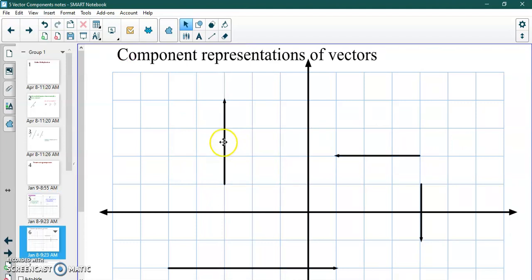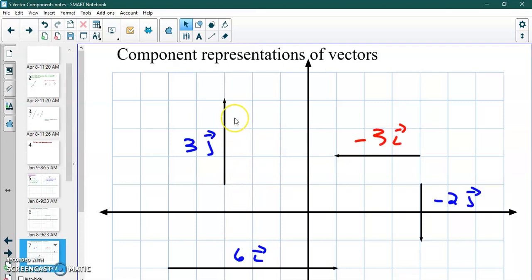So let's think about what these vectors would be as we represent them with the components i and j. Take a moment to think about how you could write these. Don't think about the location of them, just think about the direction and magnitude.